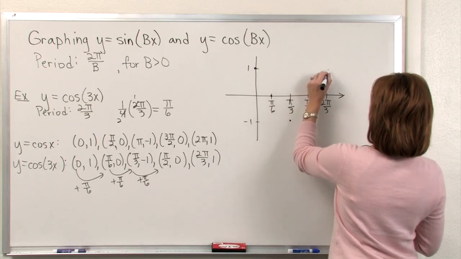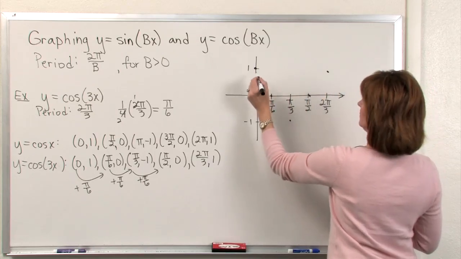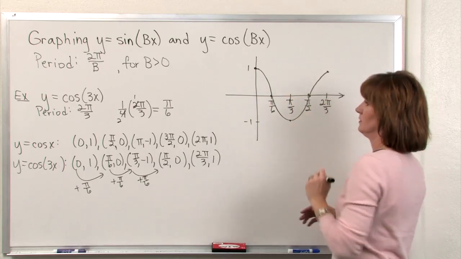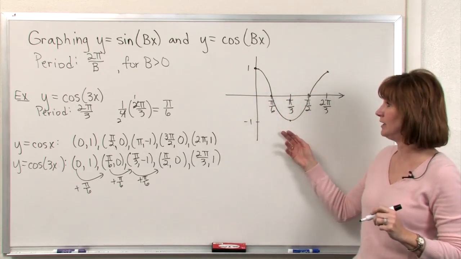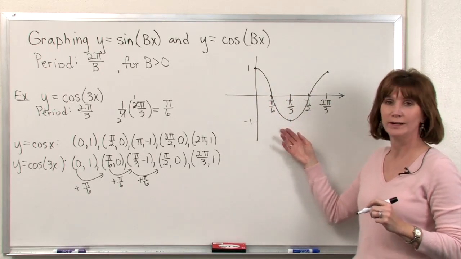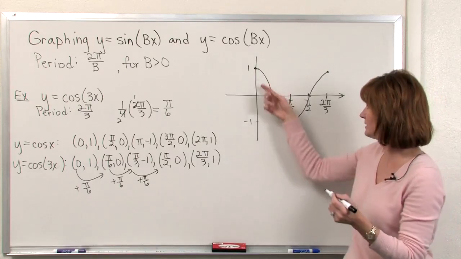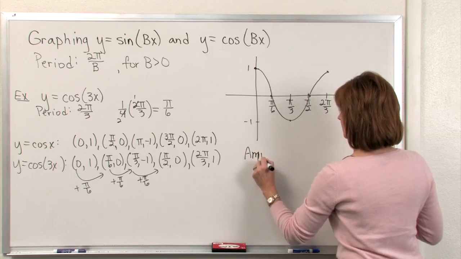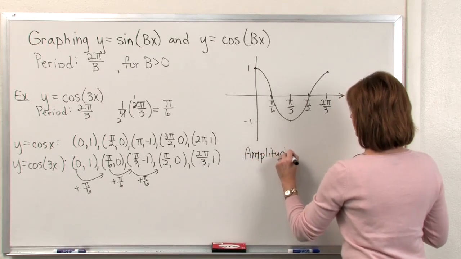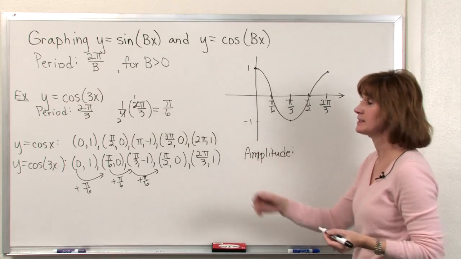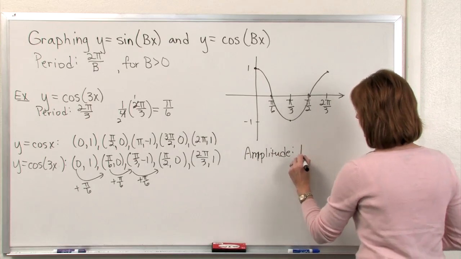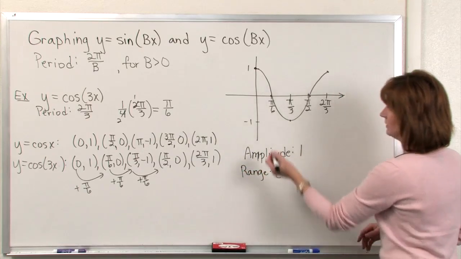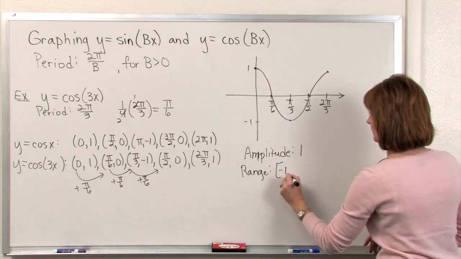Pi over 2, 0. And 2 pi over 3, positive 1. So here's one period for y equals cosine 3x. What is its amplitude? Well, we can see that it's still 1. Notice that in this case a is 1, so the amplitude is 1. What is the range? Well, it's negative 1 up to positive 1.